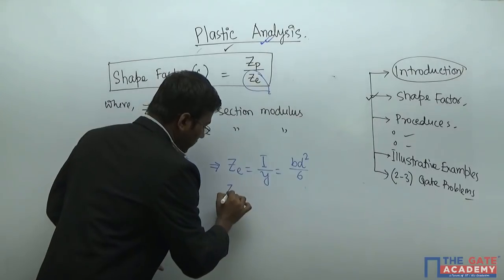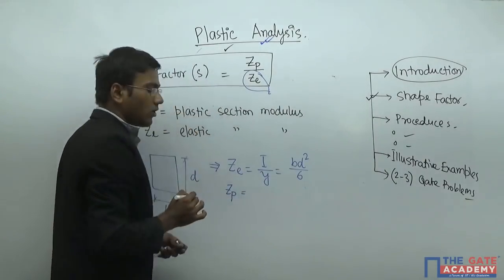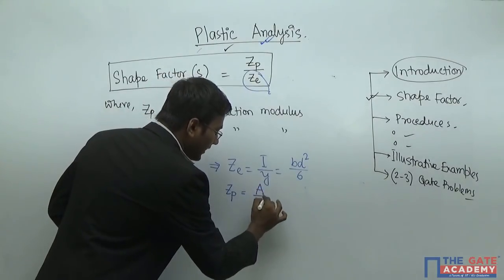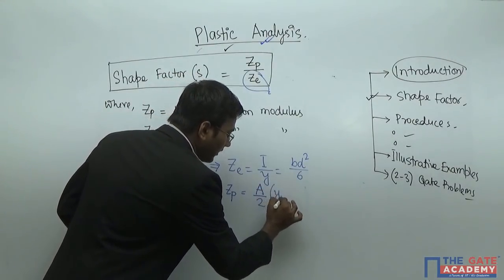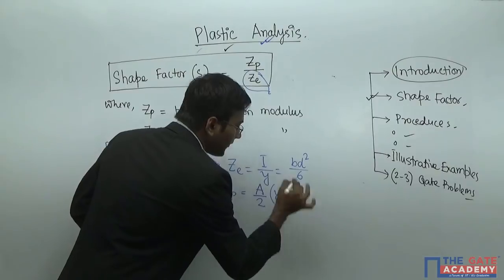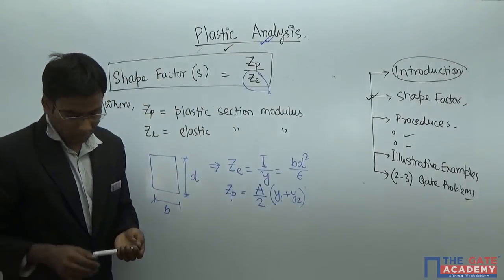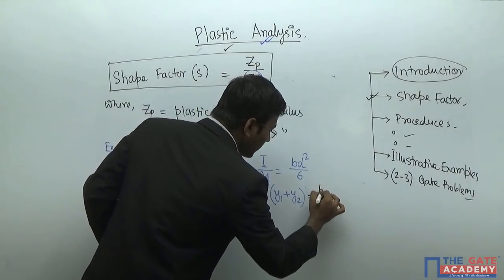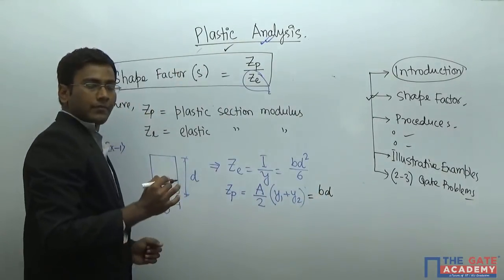Now, the question is for plastic section modulus. It will be the total area by 2 into Y1 plus Y2. So, what is the area? You know, B into D, total area, by 2.